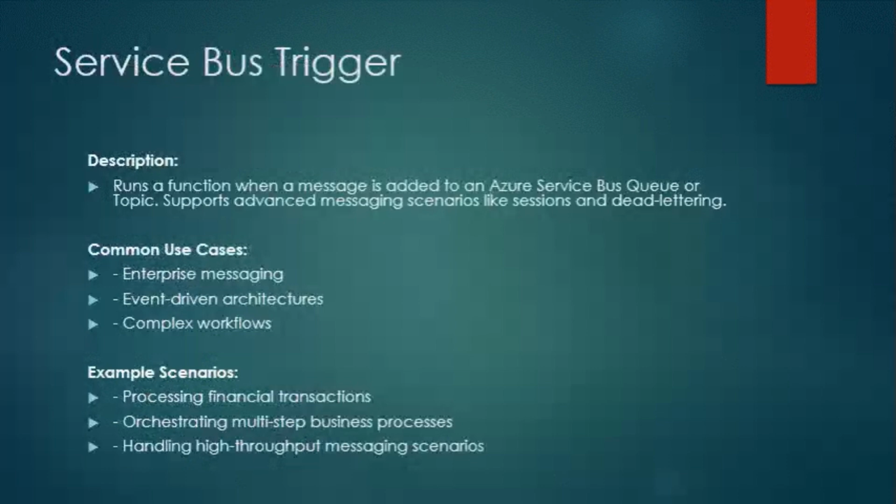In real-time notification, in most cases SignalR is used, as I mentioned, for file upload, download, data processing completed. And also WebSocket-based applications, chat applications. These are the common use cases. Let's say an example scenario is sending real-time updates to a web application, like building a live chat feature or a real-time dashboard.